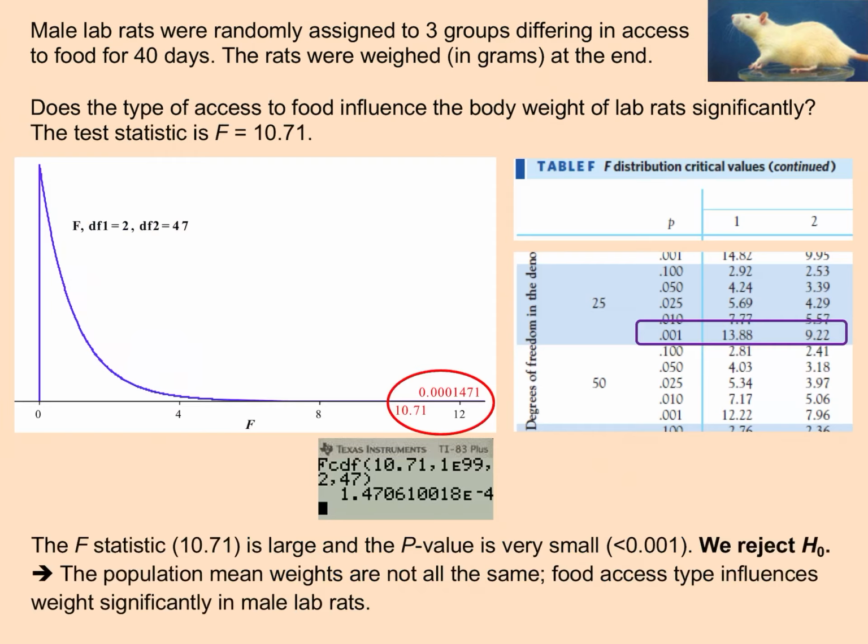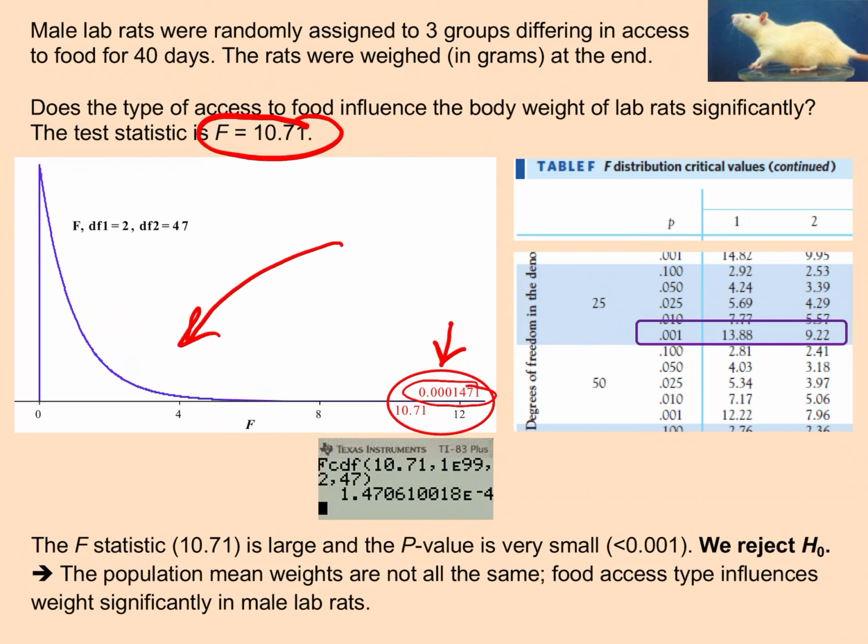So in our example here, we had degrees of freedom for our groups of 2. And for that, you see that we have a highly skewed F distribution. If you look up our F value of 10.71, you see it is way over here, and the area to the right of that is extremely small.